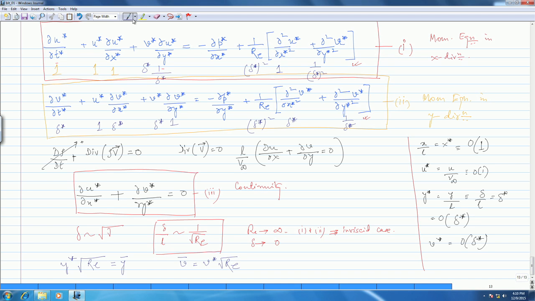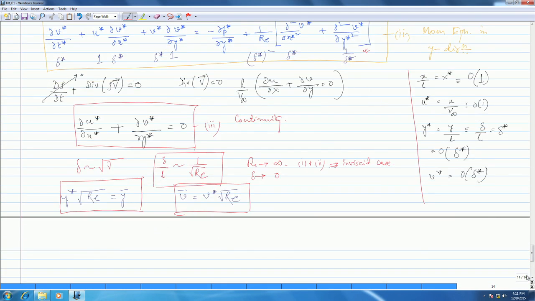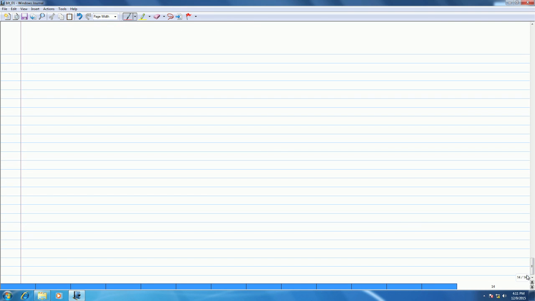So basically I will take this new non-dimensionalized form, y bar and v bar, and change y star and v star to y bar and v bar. I am going to do that for all 3 equations: 1, 2, and the continuity equation. If I do that, what I get is this.